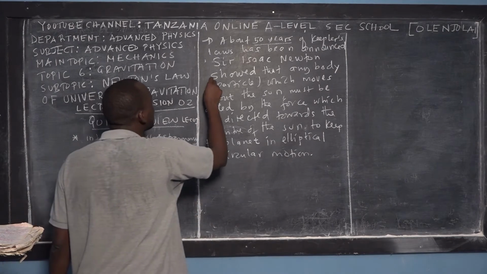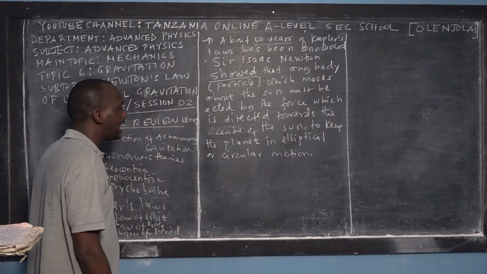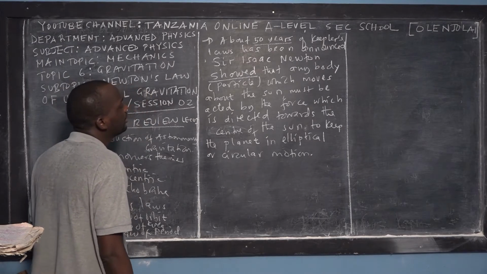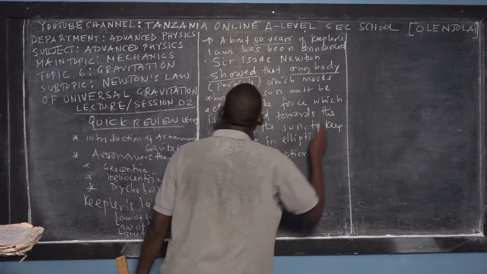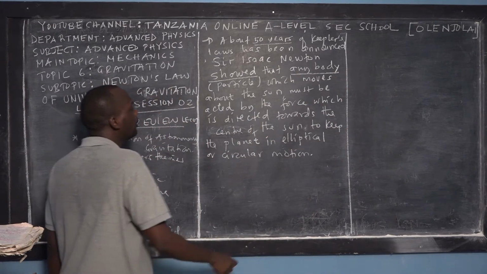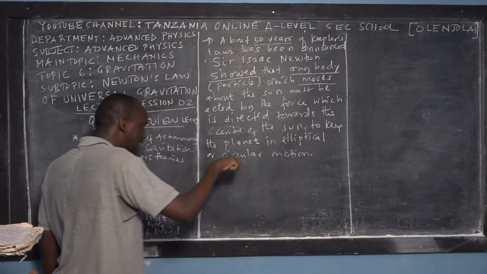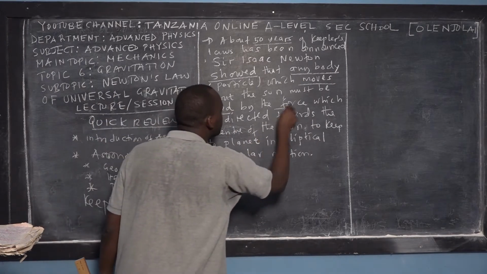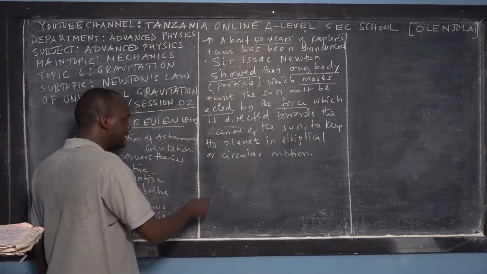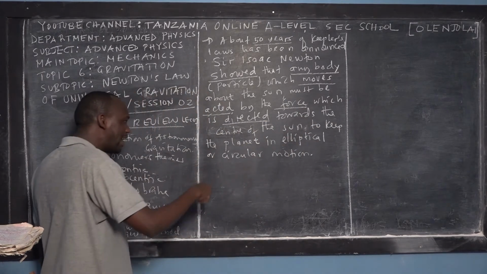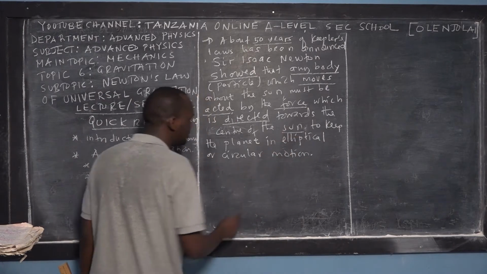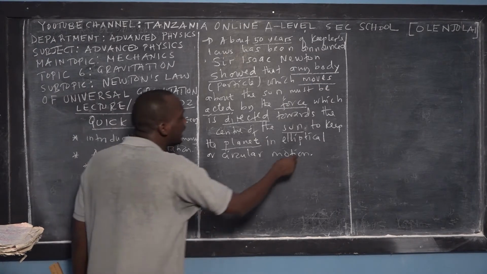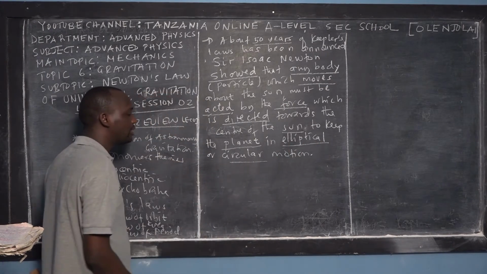Sir Isaac Newton showed, using observational reasoning, that anybody or any particle which moves about the sun, meaning circulates about the sun, must be acted on by what? By a force which is directed toward the center of the sun to keep the planet, for example the Earth, in elliptical or circular motion.